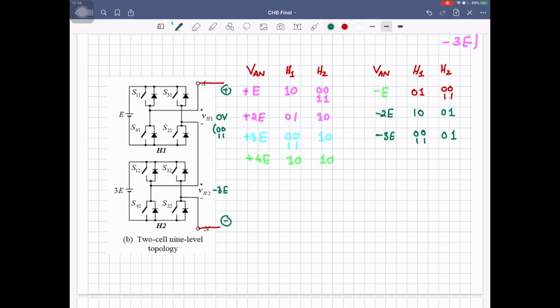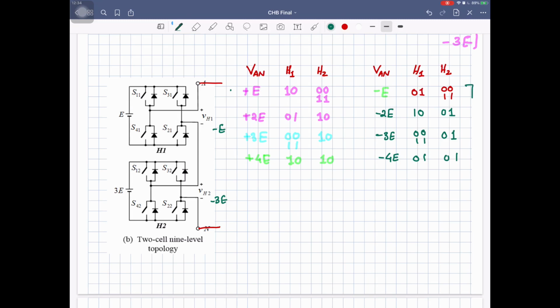To get minus 4E, the upper inverter will be set at minus E and the lower inverter will be set at minus 3E. So minus E and minus 3E will give me minus 4E as a net. That can be obtained by the switching combination 0 1 and 0 1 with respect to the high side switches of the upper and the lower inverter.